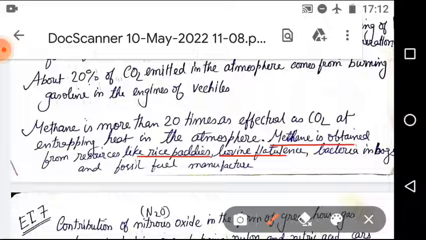When cows release gas, most of it is made up of methane, because most of the time they are eating cellulose materials, starch materials. Due to their digestive system and metabolism, they release methane gas as a byproduct. Bacteria in bogs and waste also produce methane gas. And fossil fuel manufacture.